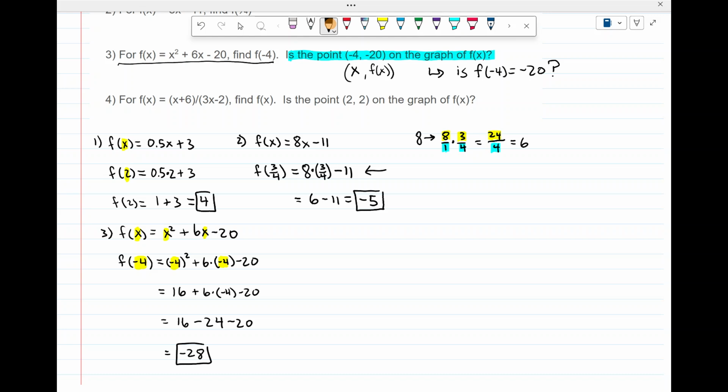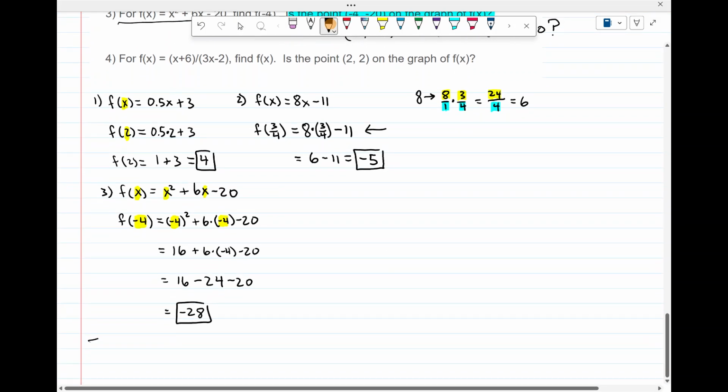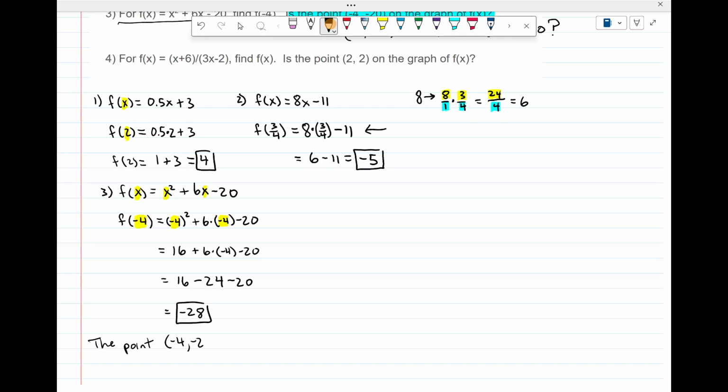So the answer is, the point, maybe I'll do it below where I have a little bit of space. The point negative 4, negative 20 is not on the graph of f of x.